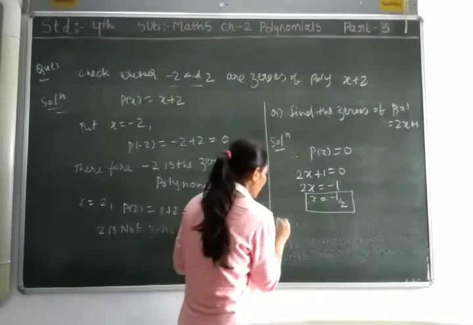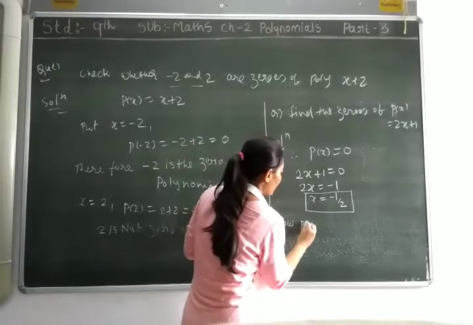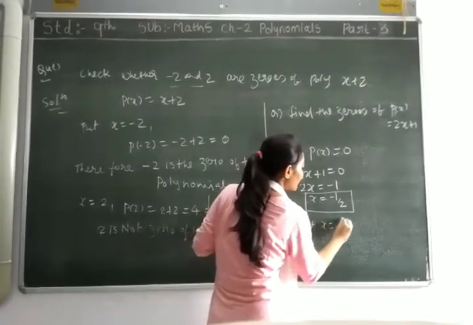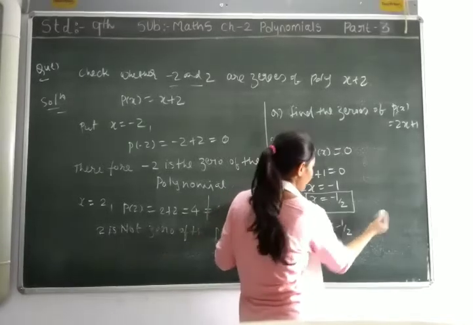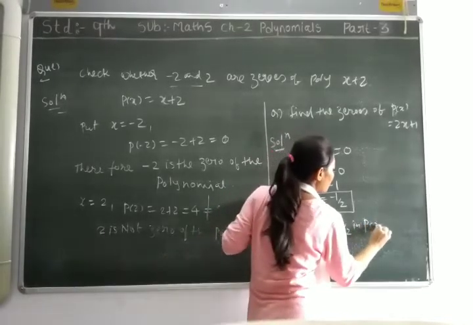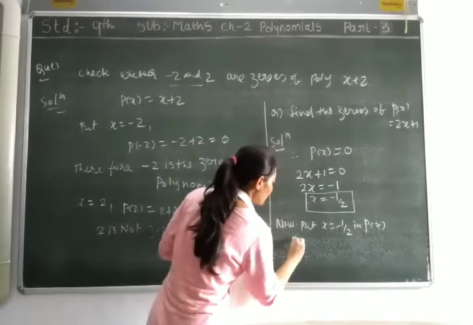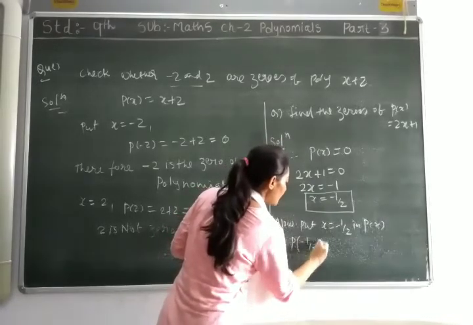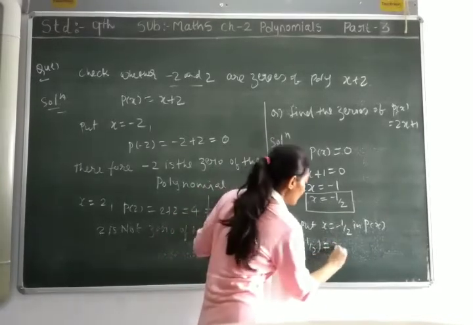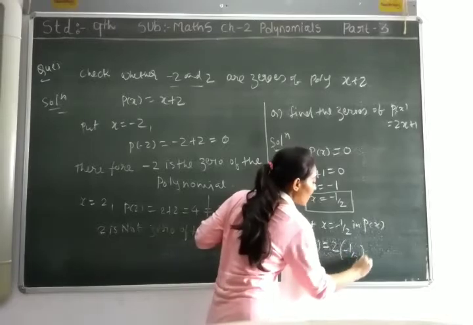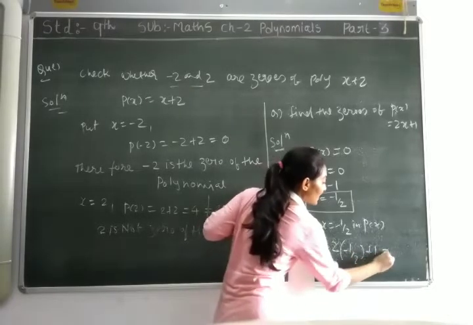So now put x equals to -1/2 in p of x. So my p of -1/2 is equal to 2 times -1/2 plus 1. The 2 gets cancelled. I am getting 0.